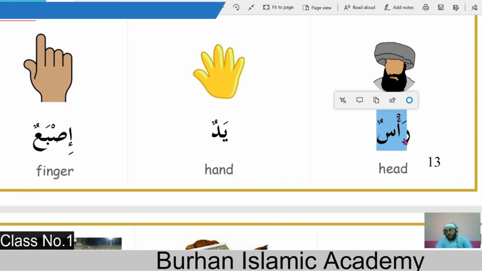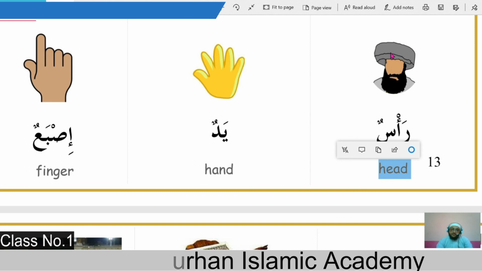رأس. رأس used for head, we are not talking about a turban. Okay, turban is another thing.